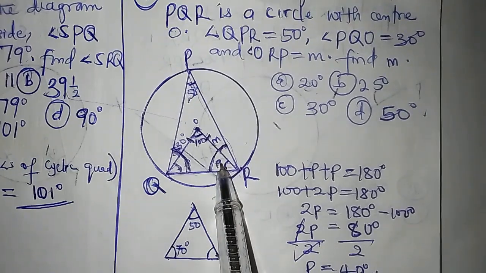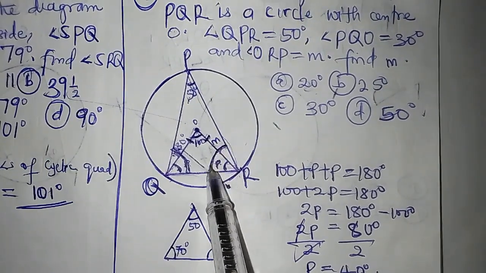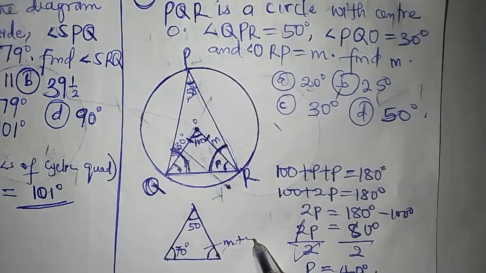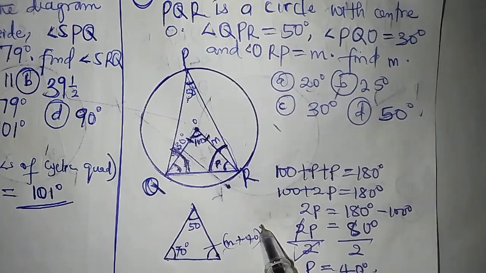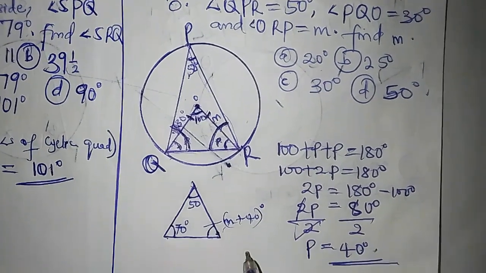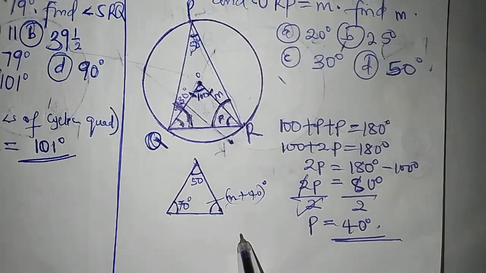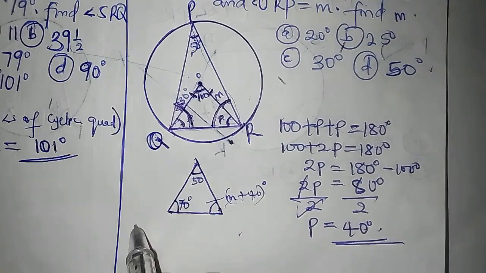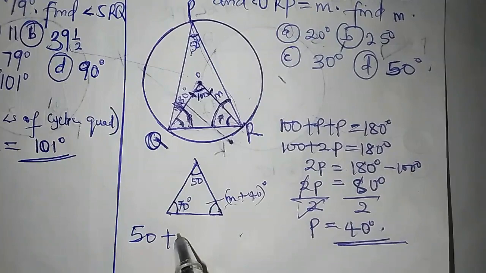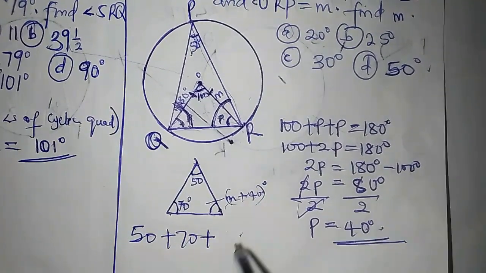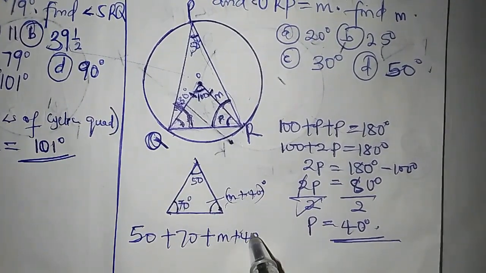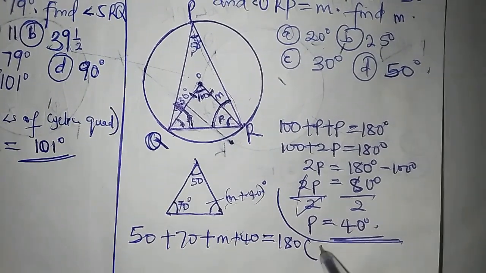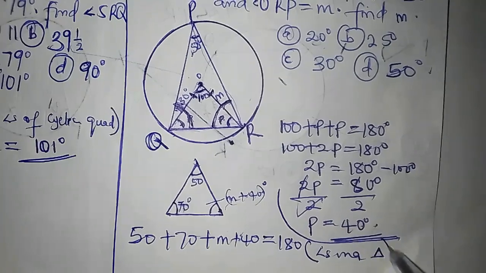Here is 40, which is P. So here is now M plus 40. So here I will write M plus 40 in degrees. So this is now a triangle. I will now solve for the value of M using sum of angles in a triangle rule. 50 plus 70 plus M plus 40 will sum up to what? 180. The reason is because of sum of angles in a triangle.